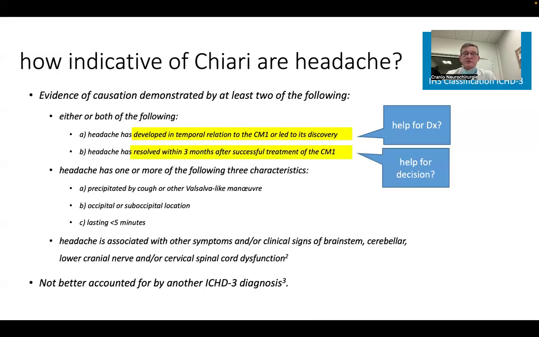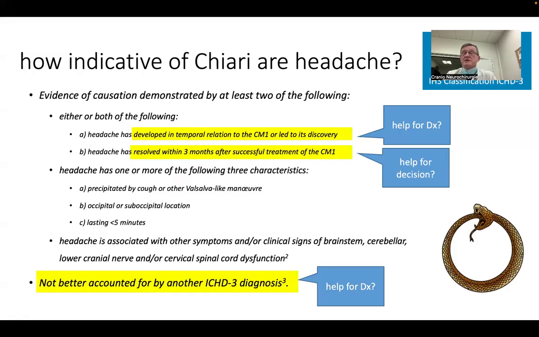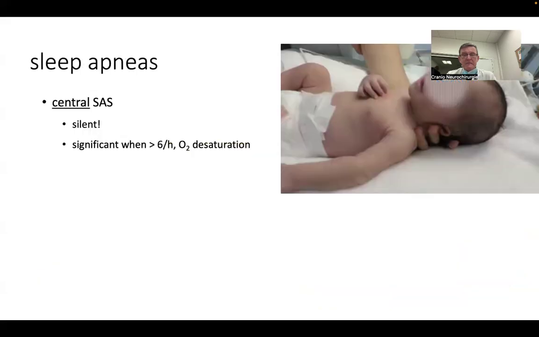Then it resolved after surgery, so it does not help for surgical decision, obviously. And it is said to be not better accounted for by another diagnosis of headache. So is it really helpful? In fact, it is a kind of a new case of a snake biting its tail.